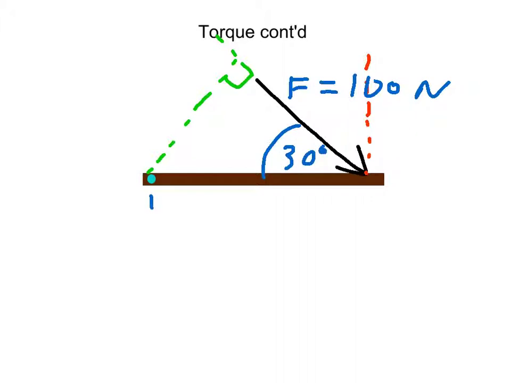And let's say we're given that distance of 20 centimetres. As I said, there are various ways we can solve this. Perhaps the most straightforward logical way of doing it is to find the perpendicular component of the force. That's what we'll do here.